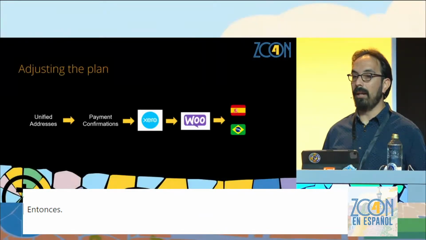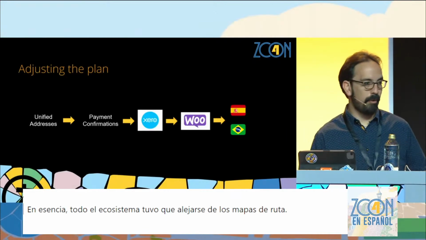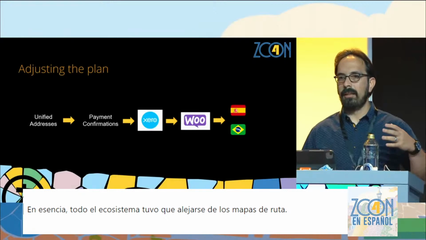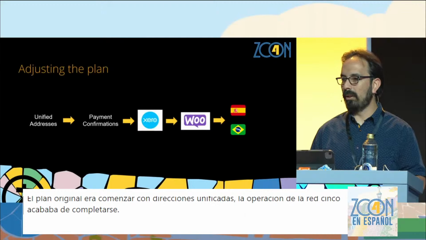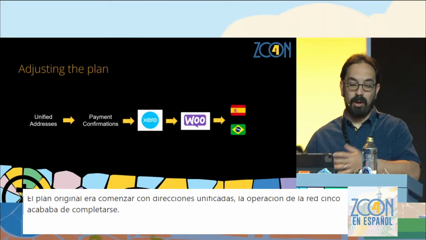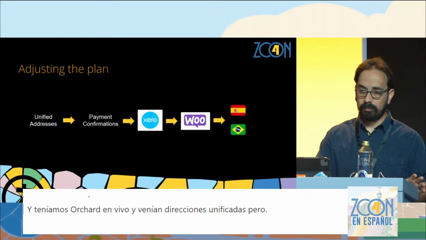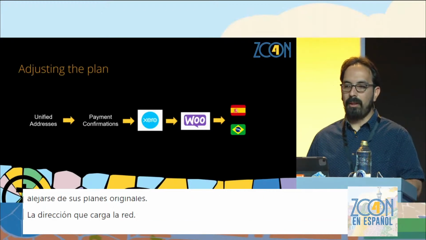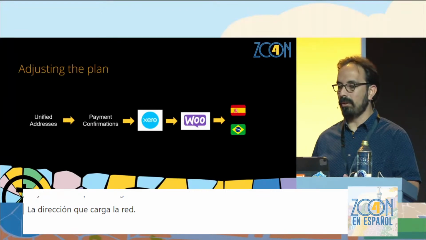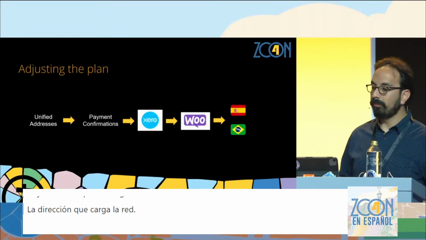Our original plan was to begin with unified addresses. Network upgrade 5 had just been completed, and we had Orchard live, and unified addresses were coming. But as both the protocol teams and the wallet teams had to move away from their original plans to address the network load, we then had to also adjust our plans, because if the wallets didn't support unified addresses, neither could we.